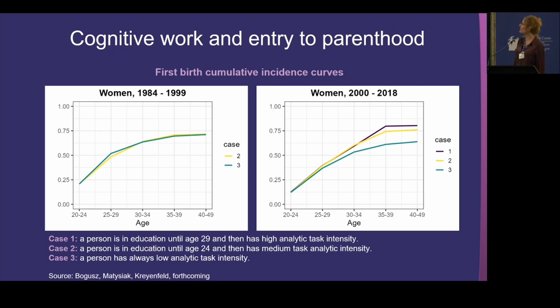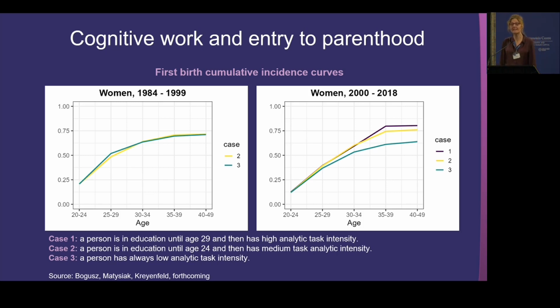Case 1 is a person who is in education until age 29 and then has high analytic task intensity. This is the violet. Case 2, a person is in education until age 24 and then has a medium analytic task intensity. This is the yellow one. And case 3, a person has always low analytic task intensity, the dark green.